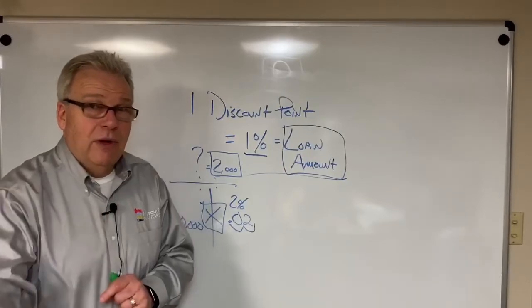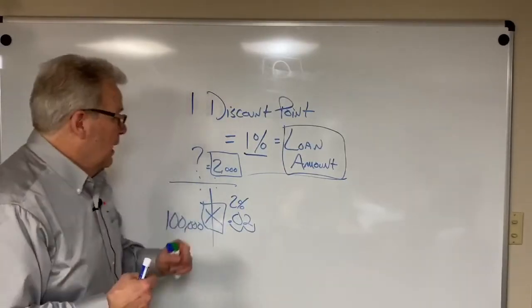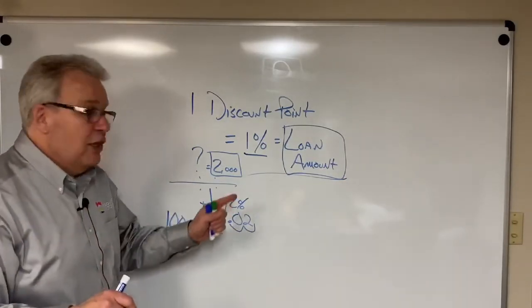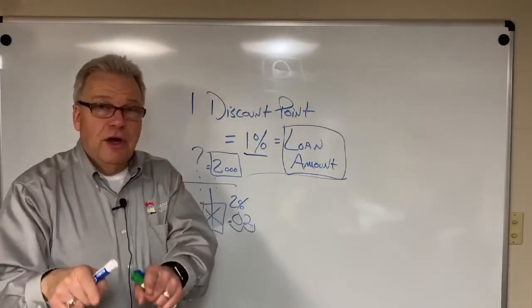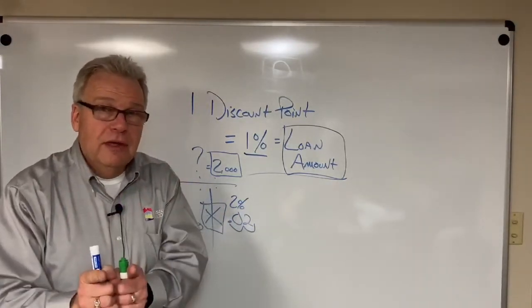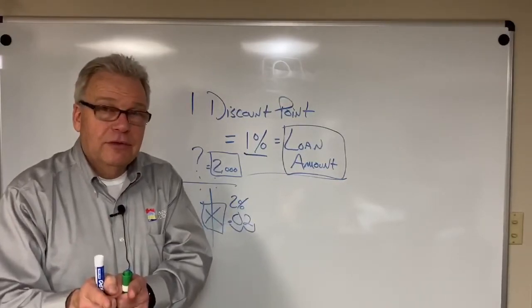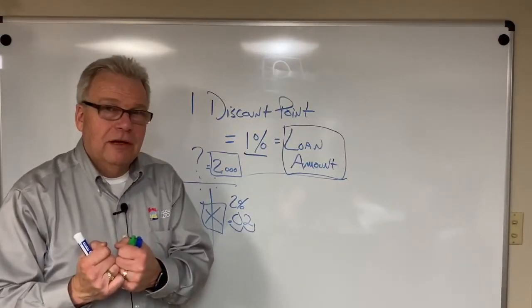Right? I gave you 100, you gave me back 2,000. So I'm only out of pocket $98,000, but you are paying me back based on a $100,000 loan at 5% interest. But I'm only out of pocket $98,000.